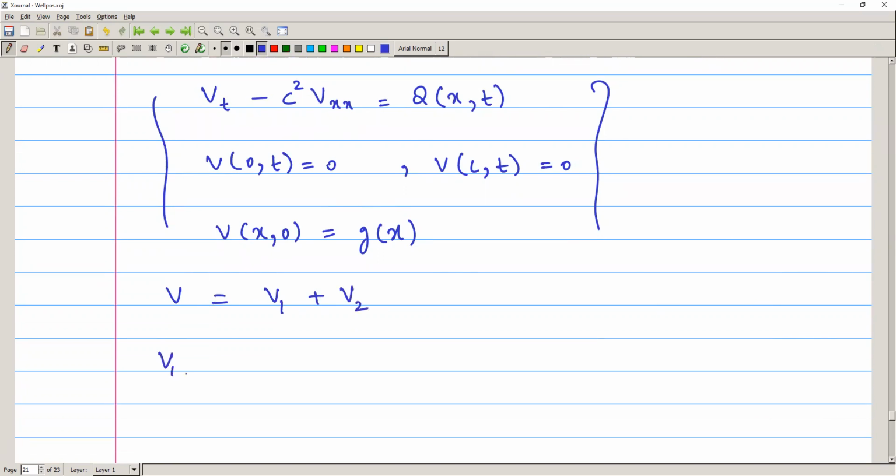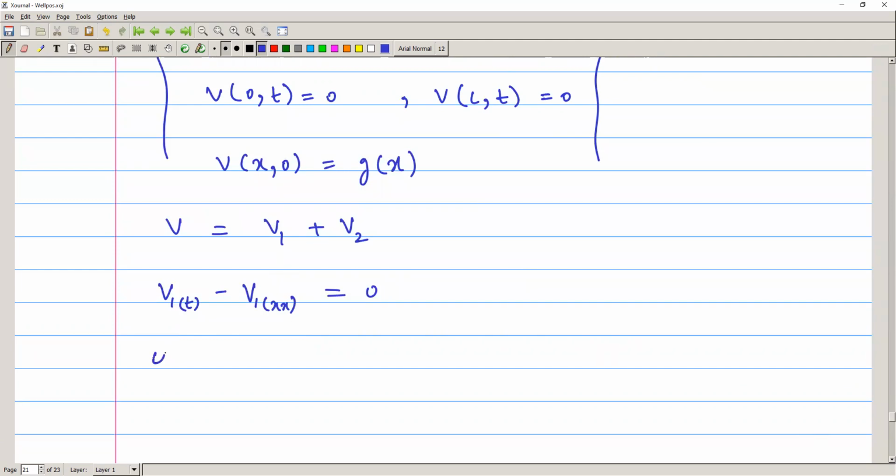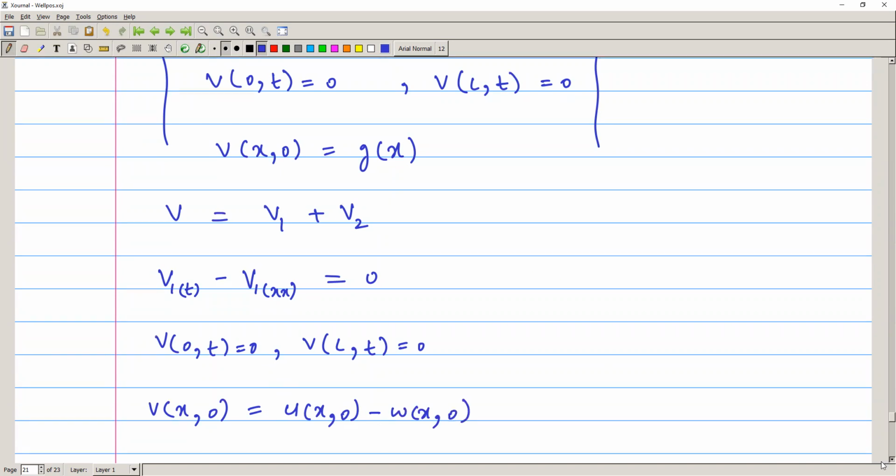So the equation will be v1 subscript t minus v1_xx, that is the derivative with respect to t, equals 0, with the boundary conditions v(0,t) equals 0, v(L,t) equals 0, and v(x,0) equals u(x,0) minus w(x,0).